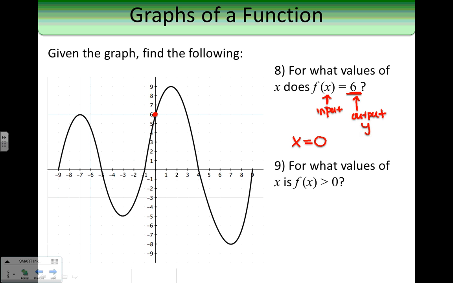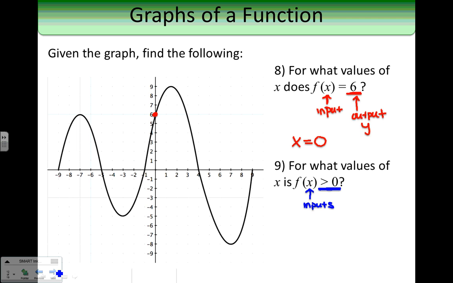Now this one's a little bit different because it says for what values of x is f of x greater than 0? Okay, so when is the function greater than 0? So all of my outputs, okay, what range of inputs do I need to have so that all of my outputs or my y values would be greater than 0?